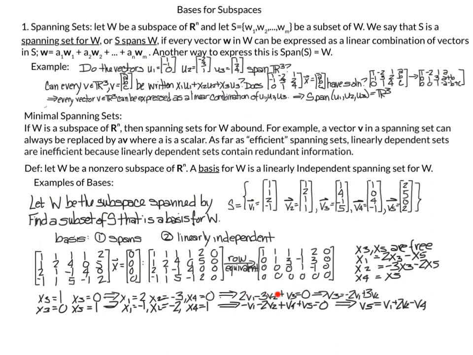So I'm left with this equation, and I can solve for v3 in terms of v1 and v2. I could have chosen to solve for v2 in terms of v1 and v3, but here v3 is without a coefficient, so I thought that was easiest.